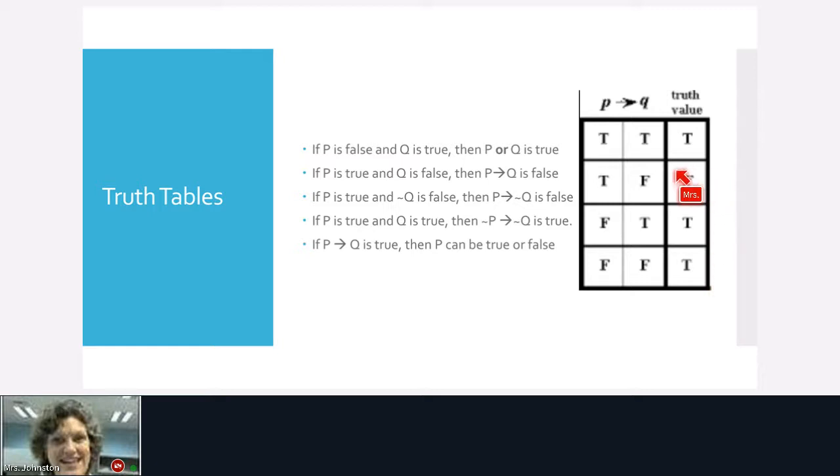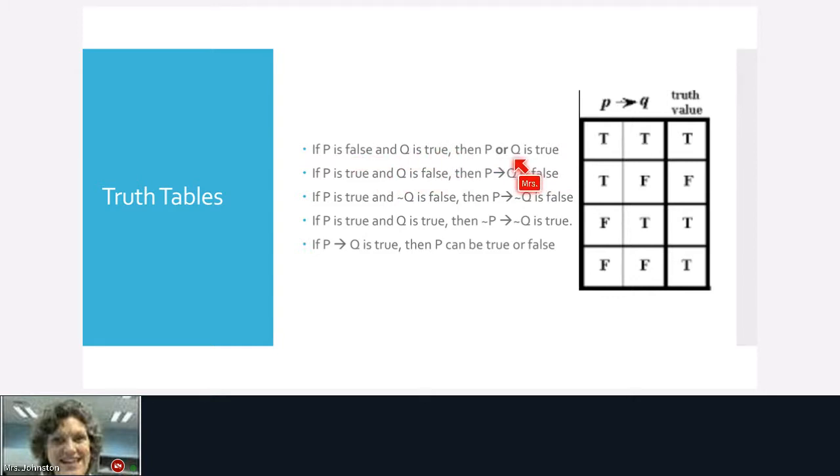So the only time the deal was really broken is if you decided, okay, I'm going to get dessert if I eat vegetables, so you eat the vegetables, but you don't get dessert. That is false. Okay, so here are some that will occur on your test. If P is false and Q is true, then P or Q is true because one of them is true.